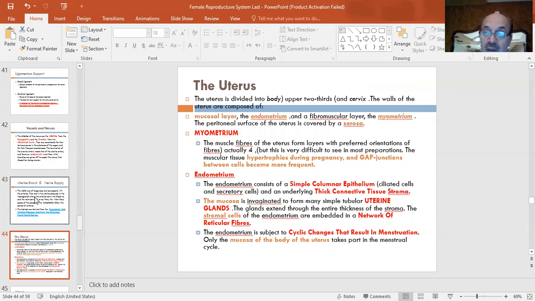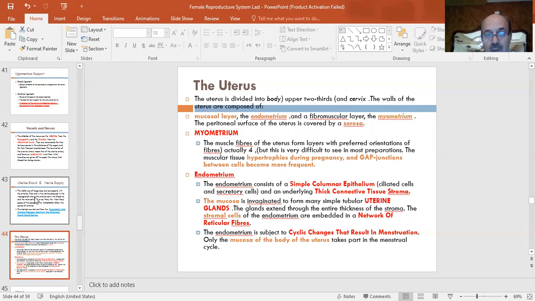In addition, we said that smooth muscle has, in certain sites, gap junctions like cardiac muscle. Why? Because during birth, you need the smooth muscle in the upper portion of the uterus, where the fundus is, to contract, and on the other side, toward the cervix, you need the smooth muscle to relax so that it enables the passage of the fetus.